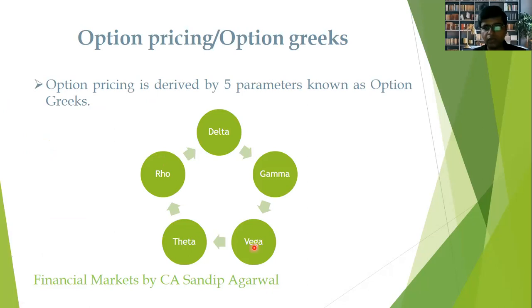One is vega, which is basically IV or implied volatility or VIX. Second is theta, which is basically time value of money, and third is rho, which is basically the interest component. And delta and gamma determine how the option price moves upwards or downwards depending on the movement in the underlying instrument price.